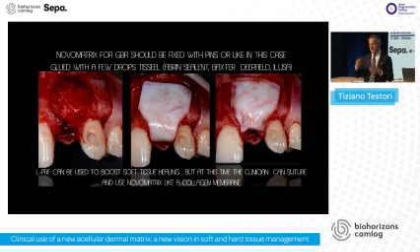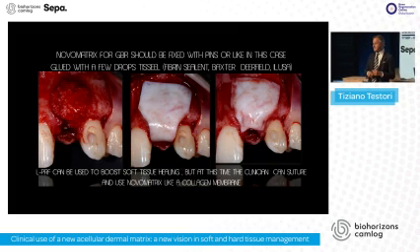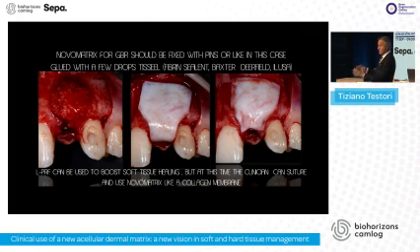So biotechnology will help you. There will be an additional benefit, but this does not mean that these matrices cannot be used as a standalone type of bone and soft tissue regeneration.